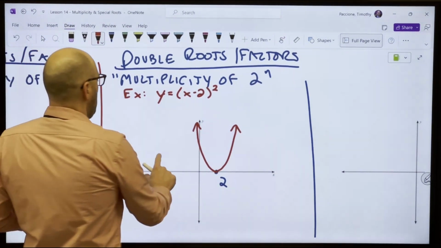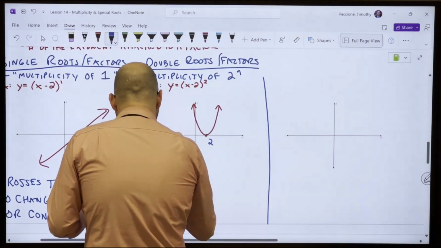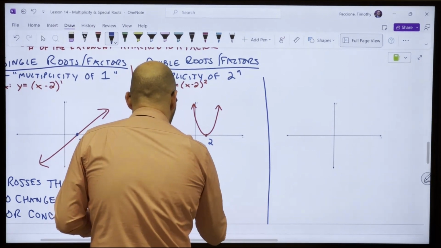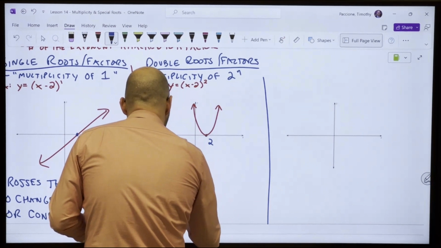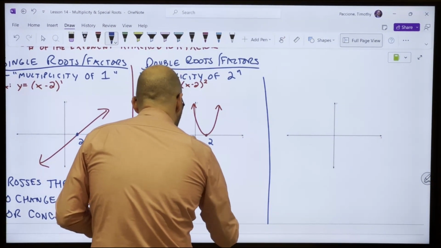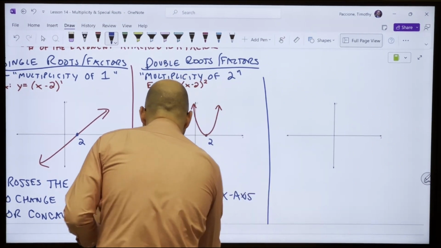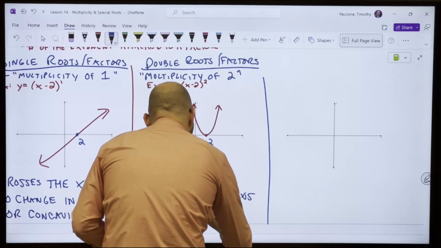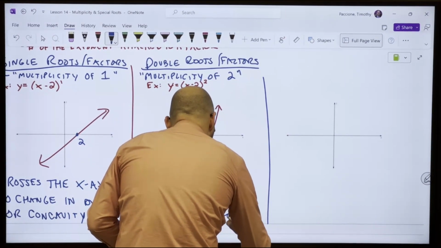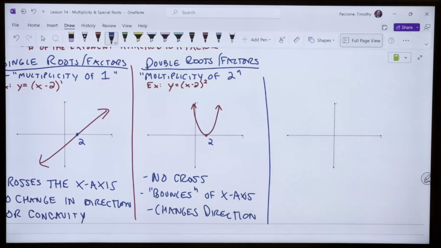So every time we get that double root, we say there's no cross, and I like to say it bounces off the x-axis, and it changes direction. So it comes down, bounces off, changes direction, because we got a double root.